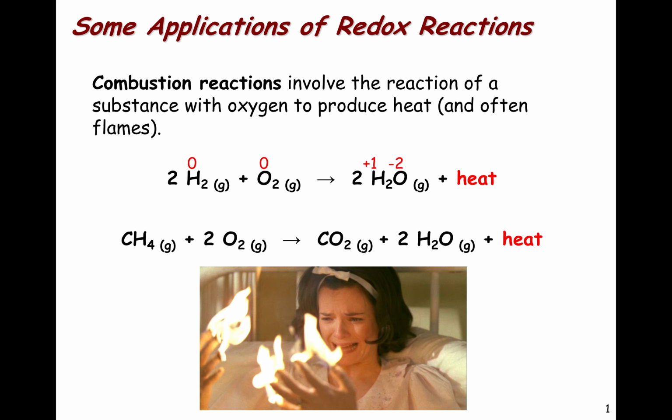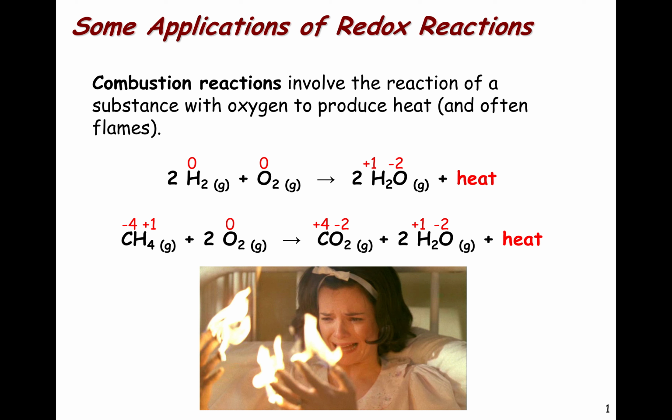Likewise, methane, when it undergoes a complete combustion reaction, is also a redox process. In the case of the methane, the carbon is 4 minus, whereas in the product, carbon dioxide, the oxidation number is 4 plus.